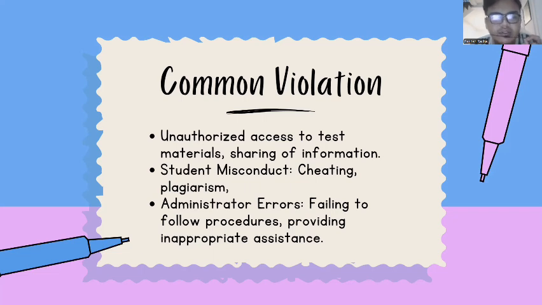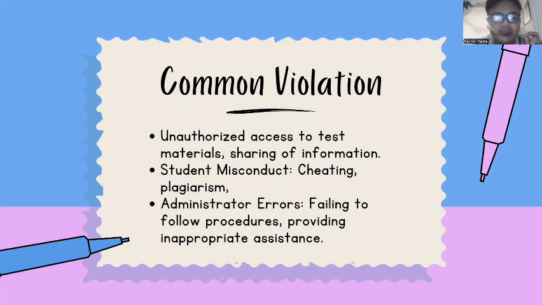The second one is the most common violation during test administration, which is student misconduct. Usually this counts as cheating and also plagiarism during the test. This is the most common violation that happens during the test.